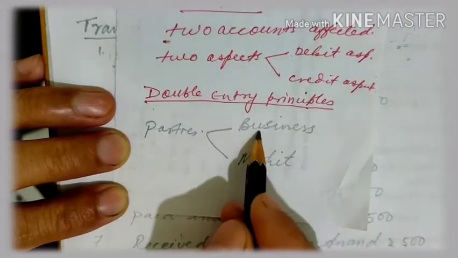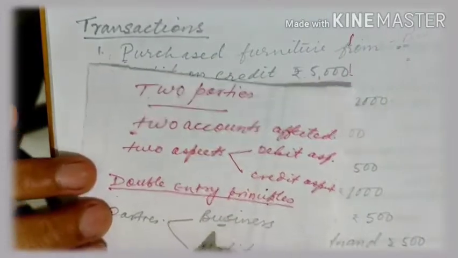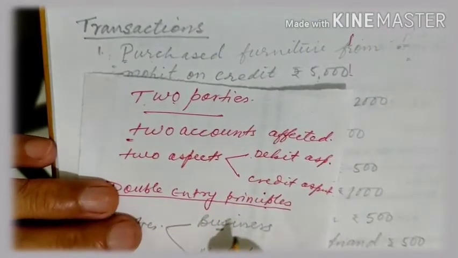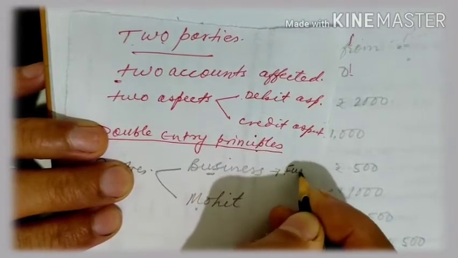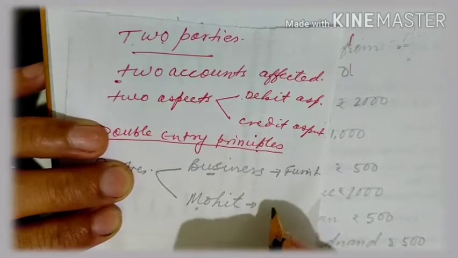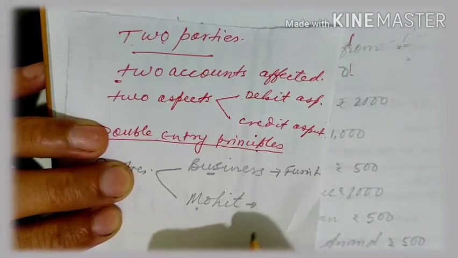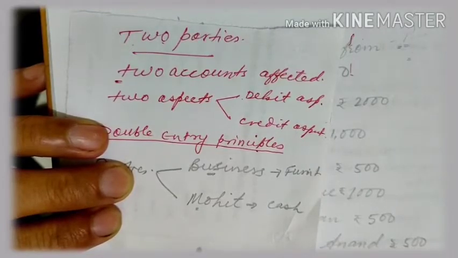So you will have two accounts, one for business, another for Mohit. Now, business, what did the business do? Business purchased furniture. That means the business got furniture from whom? From Mohit. Mohit should get cash, money.